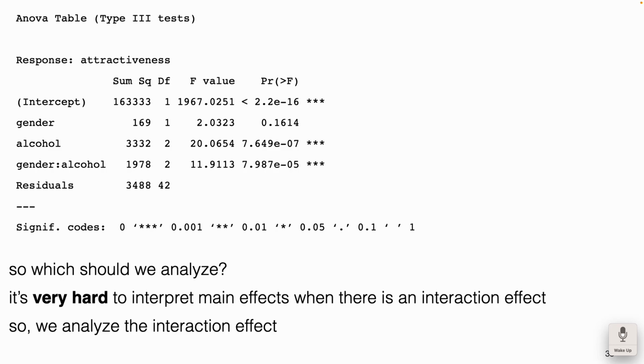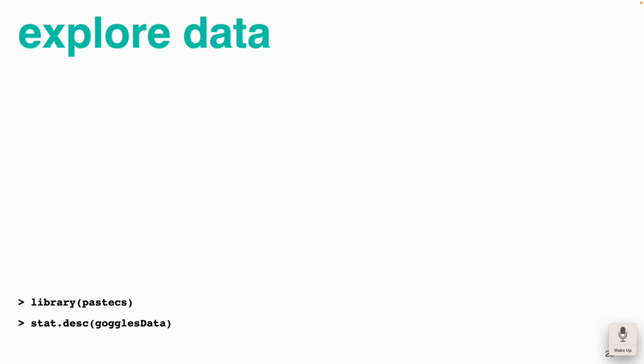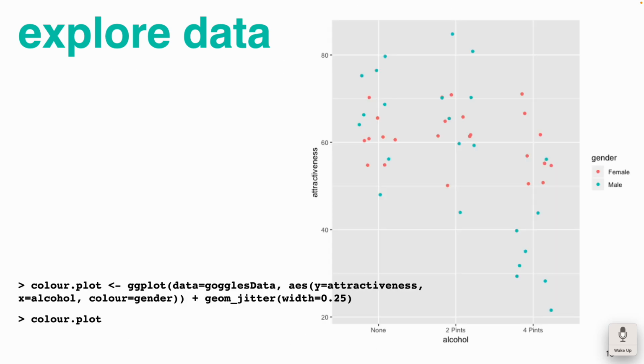How do we determine there's an interactive effect in the scatter plot? Well, I'll show you another plot that's better for it in a second. But what you see here, we put gender as color, and we're plotting attractiveness along alcohol. Down here, there's a bunch of blue dots, and there are no red dots.